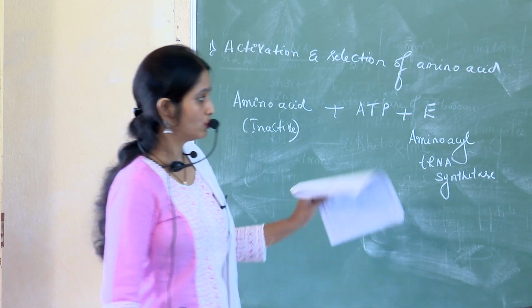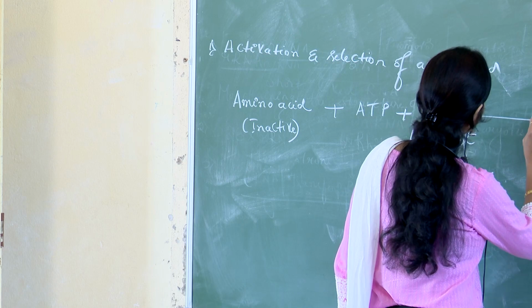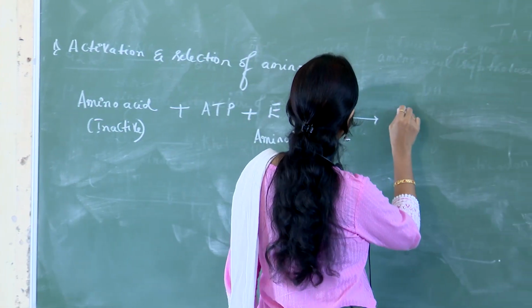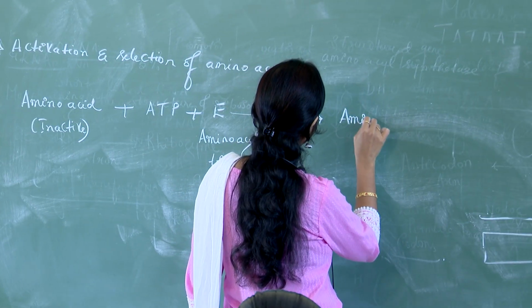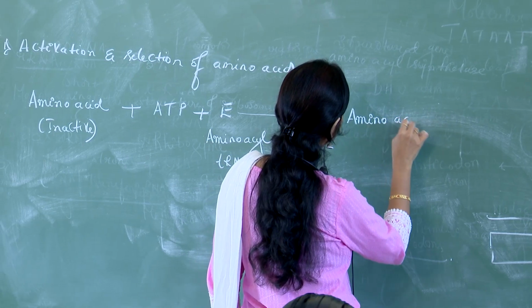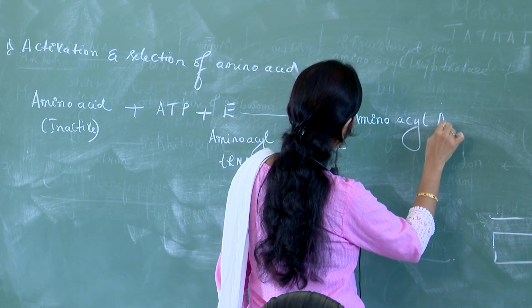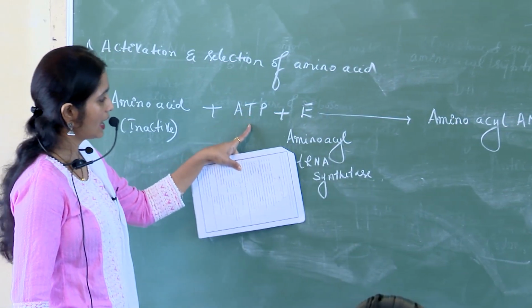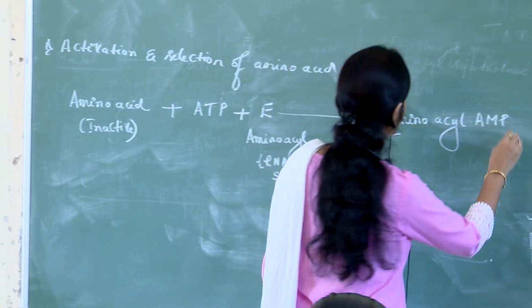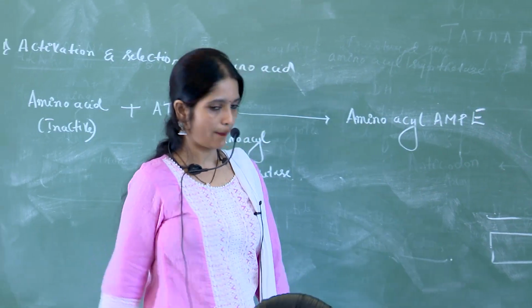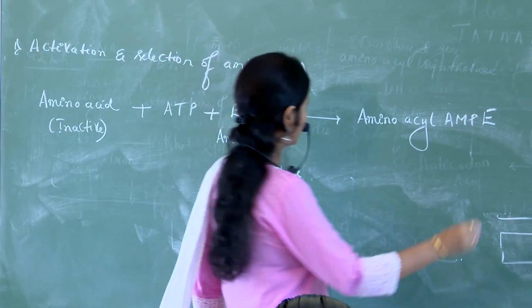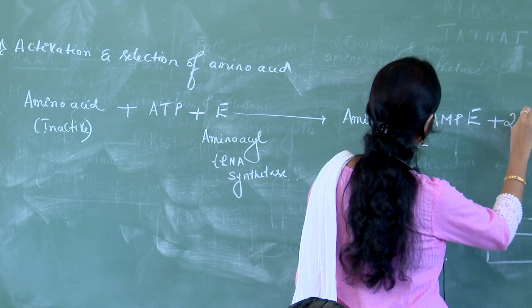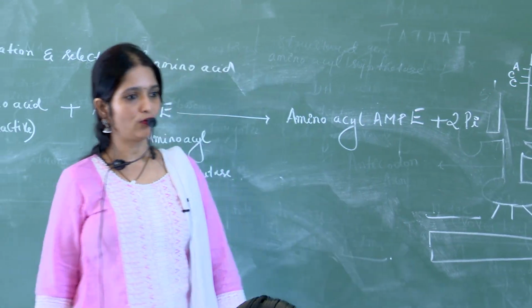Right? Now this activates the amino acid, and the activated amino acid is called amino acyl AMP enzyme. ATP is becoming AMP. Enzyme also binds. Plus 2 inorganic phosphate.